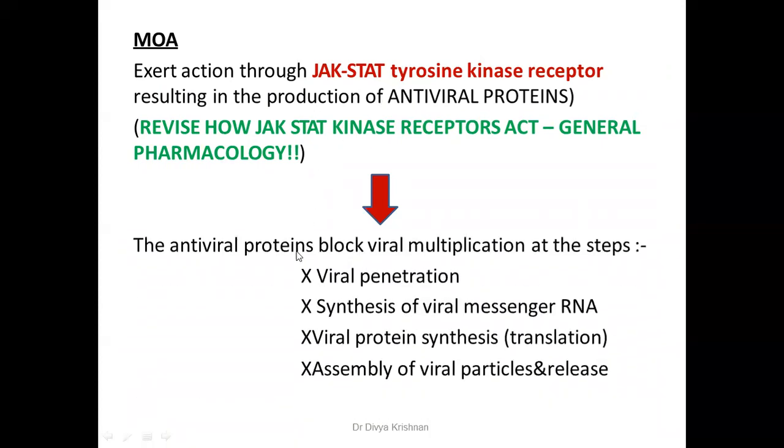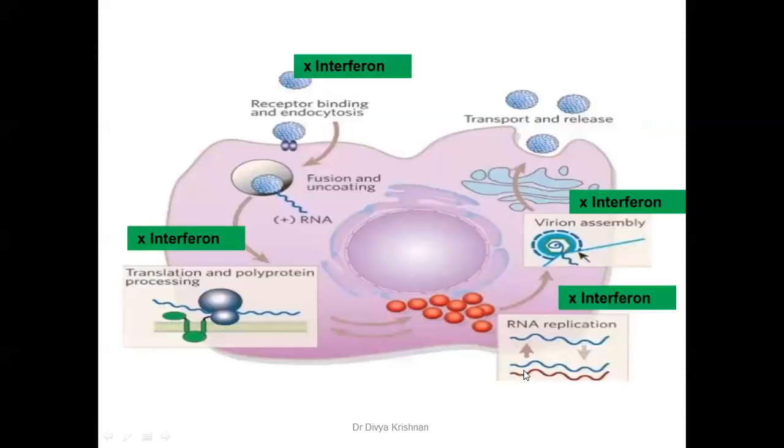These antiviral proteins block viral multiplication at various steps: viral penetration is prevented, synthesis of viral mRNA is prevented, protein synthesis, that is translation, is prevented, and assembly and release of the viral particles are prevented. So you can see that all the steps of viral replication are probably interfered with by interferons.